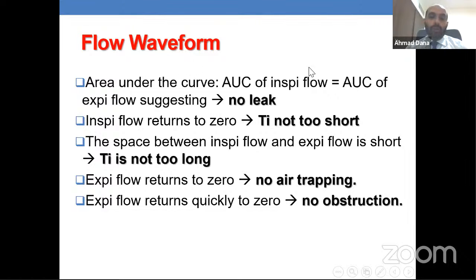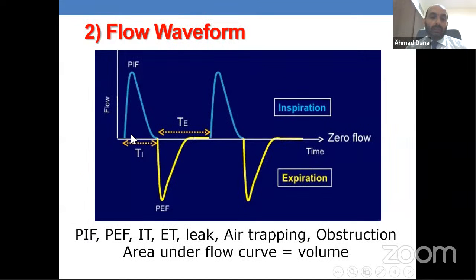So if they are both equal, in the inspiratory and in the expiratory, this means that there is no leak. Now, as we said, the inspiratory flow should start from 0 and end at 0.